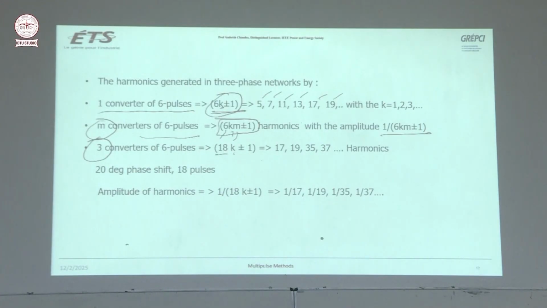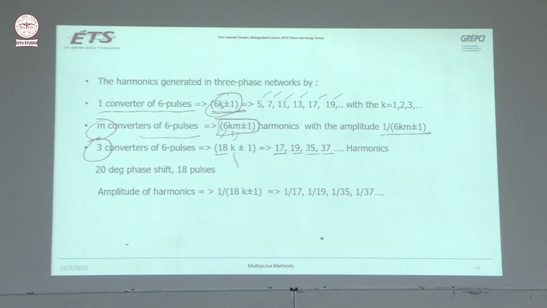So if k is equal to 1, see, you have a minimum of the 17th harmonic. 3 6-pulse converters means 18 pulses. In 18 pulses, at minimum you will have the 17th, 19th, and then 35th and 37th. See, this is a big advantage.